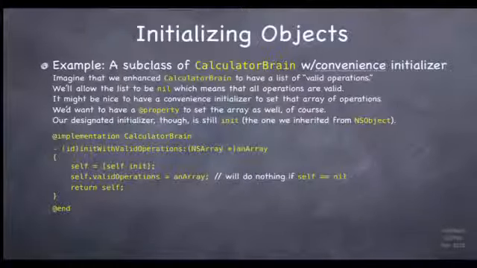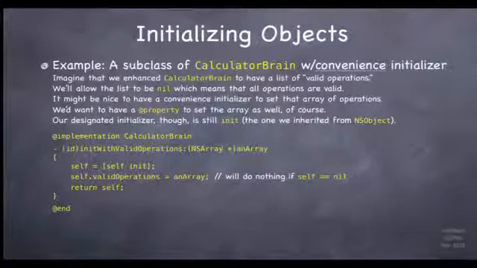It's not required, this valid operations array. Therefore, we don't want to make it our designated initializer, because then we're forcing people to call this when they could just pass nil. If that's what you want, let them call init, the designated initializer you get from NSObject. But notice in the implementation of a convenience initializer, we call self designated initializer. You see that?